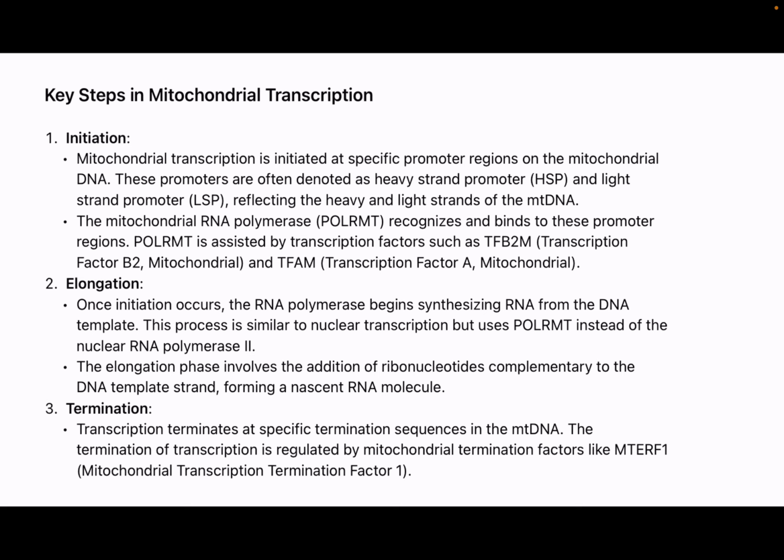Termination. Transcription will terminate at specific termination sequences in the mitochondrial DNA. The termination of transcription is regulated by mitochondrial termination factors like mTERF1, which is basically mitochondrial transcription termination factor 1.